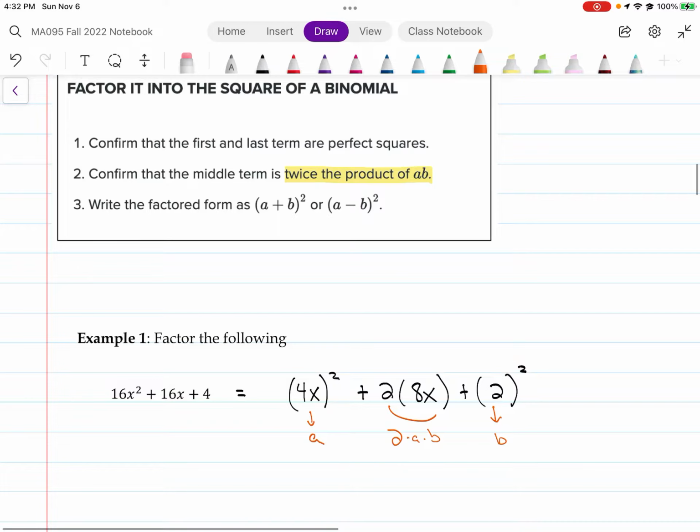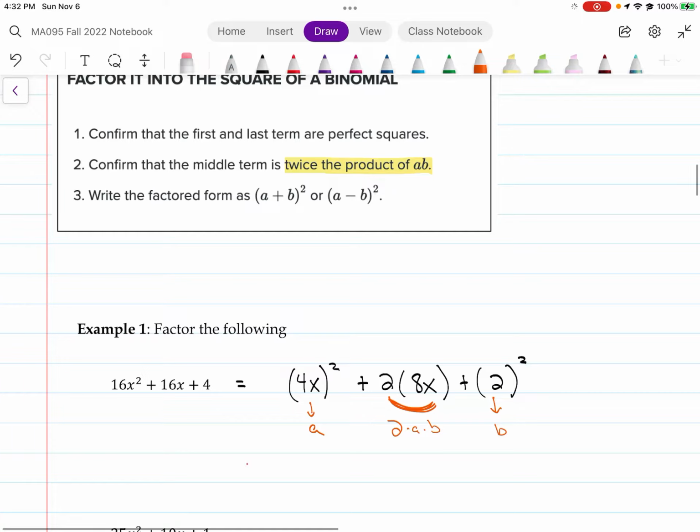Okay, so you can see that this is 2 times 2 times 4 times x, and that becomes 2 times 8x. So this whole thing is 4x plus 2 squared.